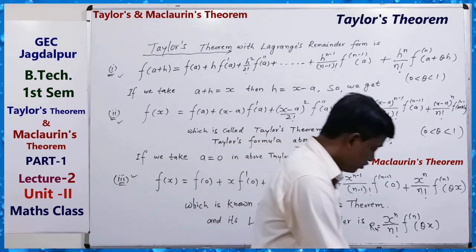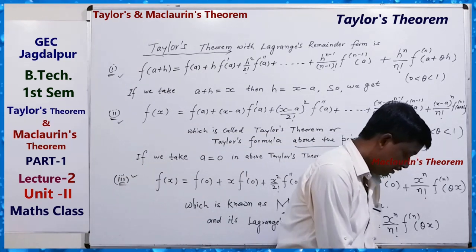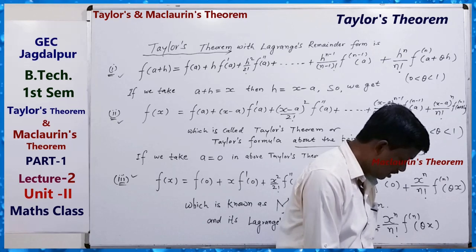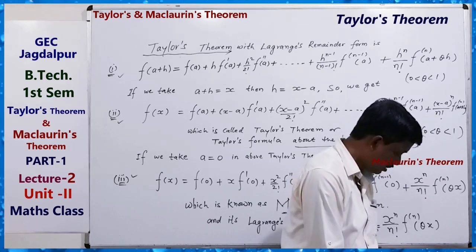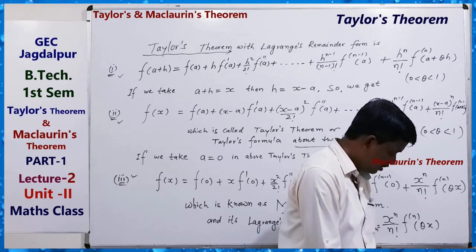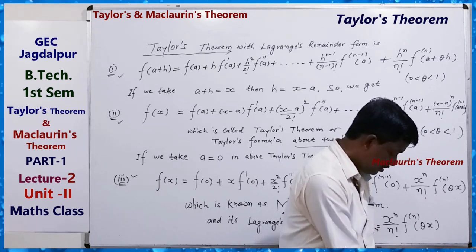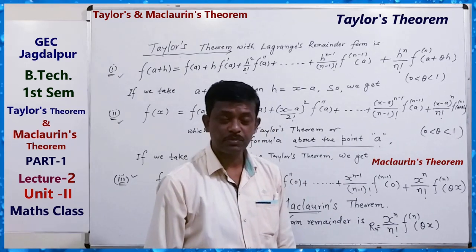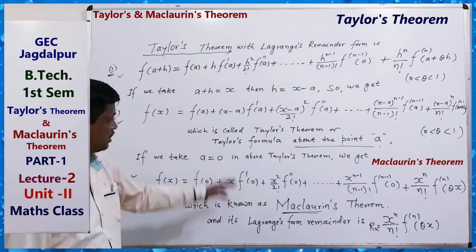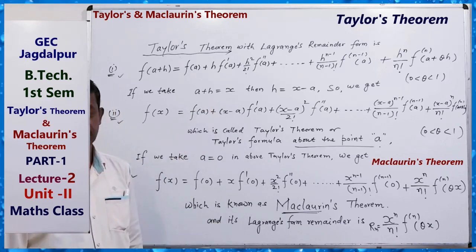So here we can say that the Taylor expansion and Maclaurin expansion can be written. This is the Taylor expansion, this is the Maclaurin expansion.